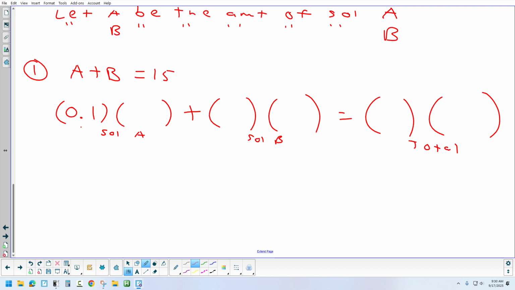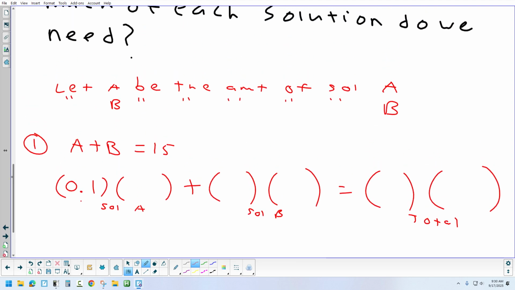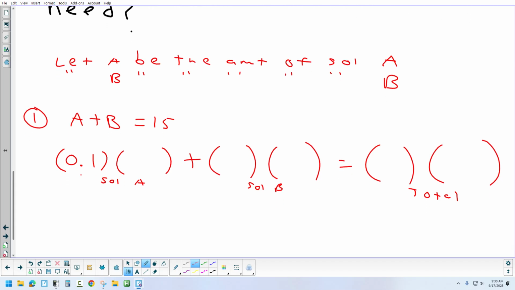A. Yeah, A is the amount of solution A. What's going to go in my second set of parentheses? 0.25. And the second one right here? B. So that calculates the amount of acid in solution A. That's the amount of acid in solution B.